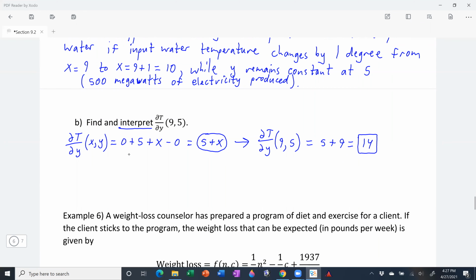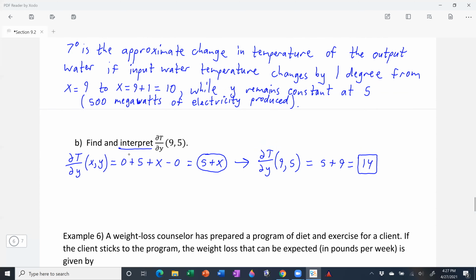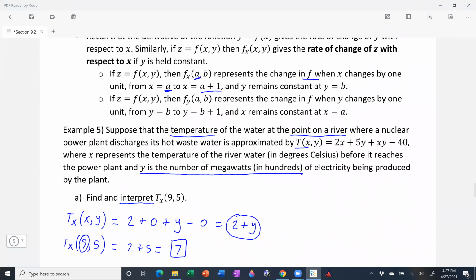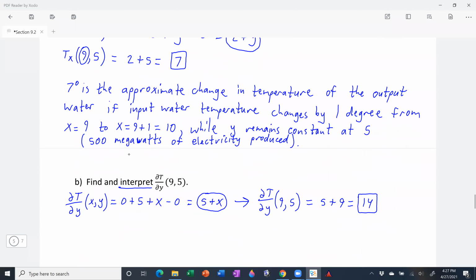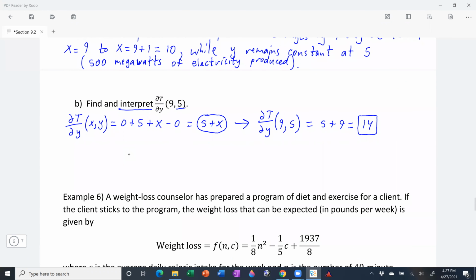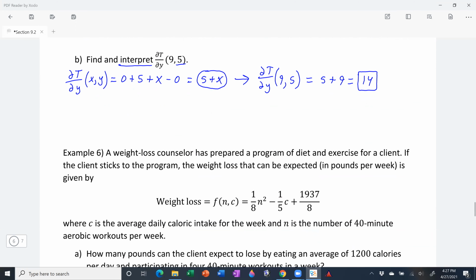We let x be constant, and we found a rate of change as the y value went from 5 to 6. Like I said, when y changes by 1 unit, from b to b plus 1. Looking at this one, we're changing from 5 to 6.